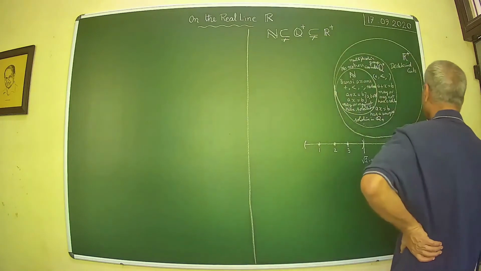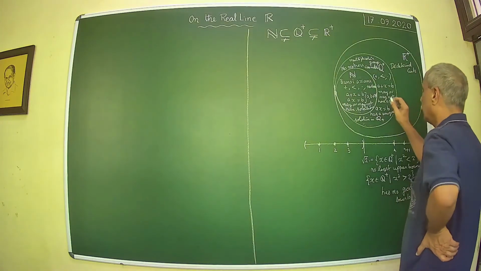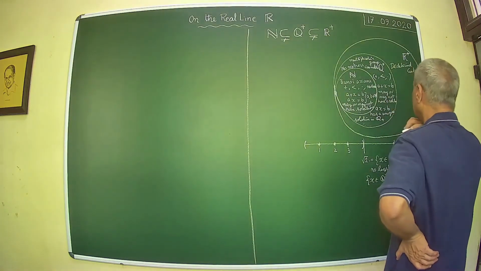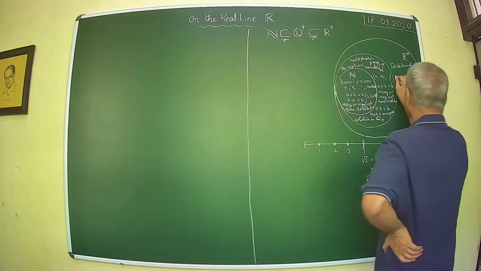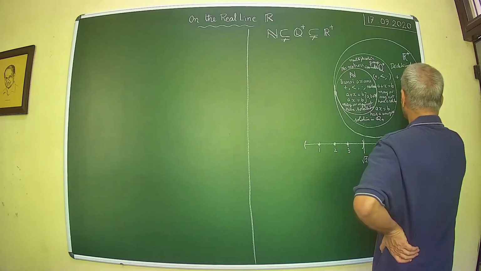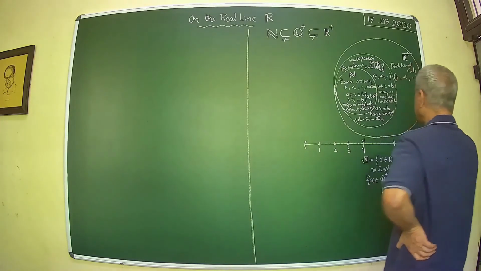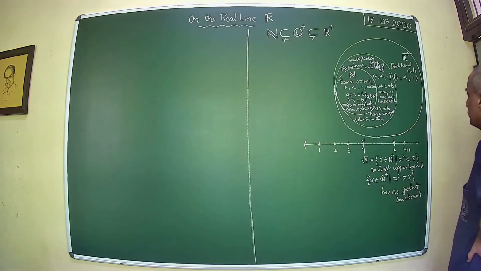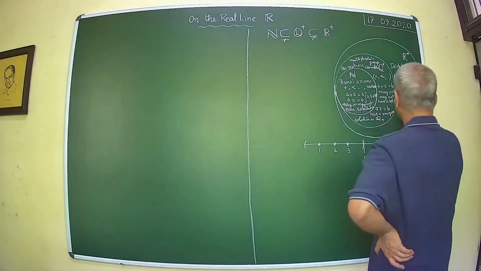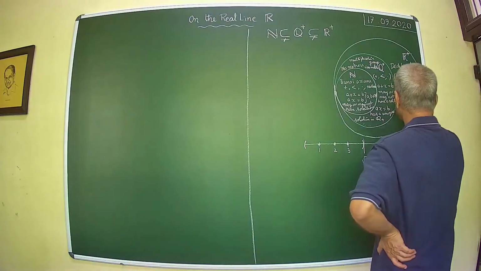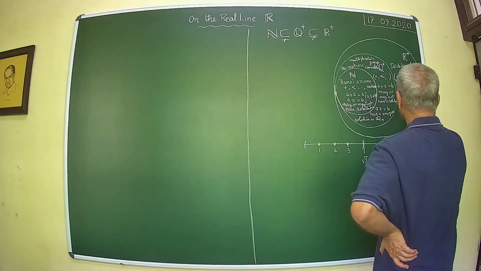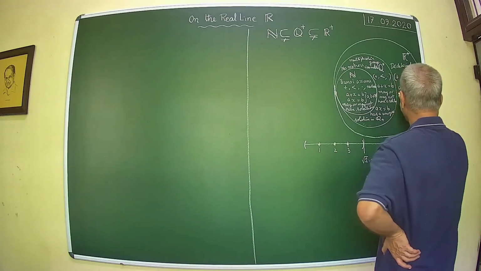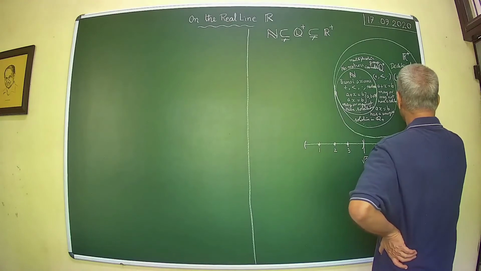Now you see this is a proper extension of Q plus. Addition, multiplication, the order and multiplication can be extended. And still you see that A plus X equal to B may not have a solution.